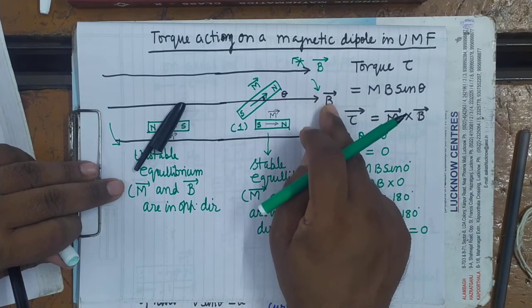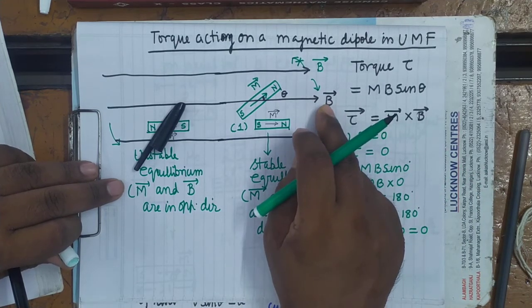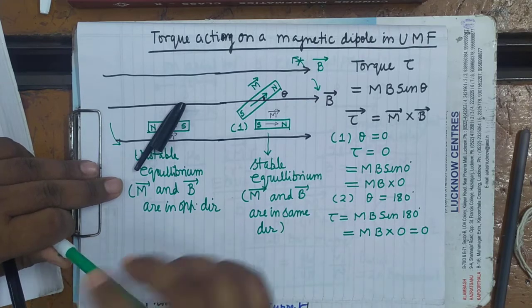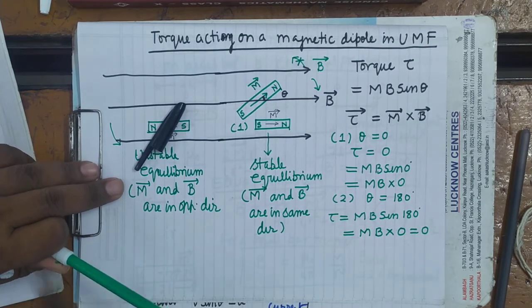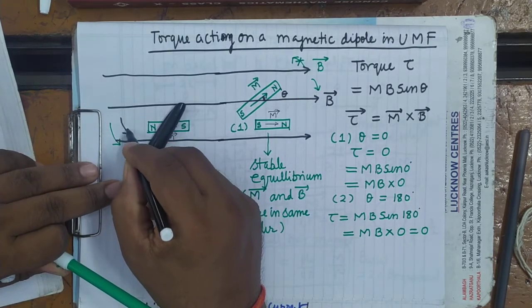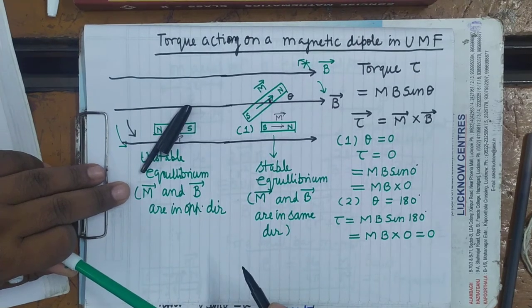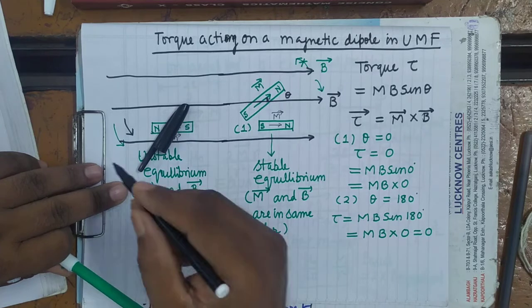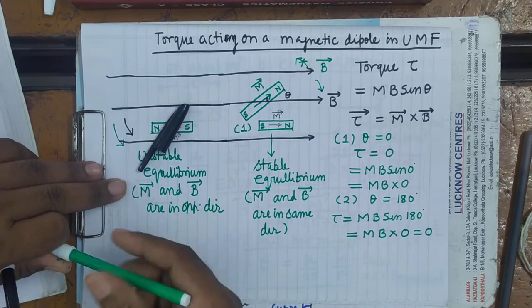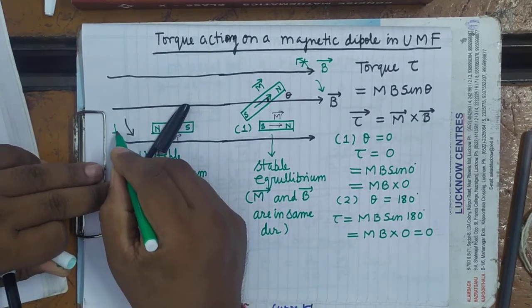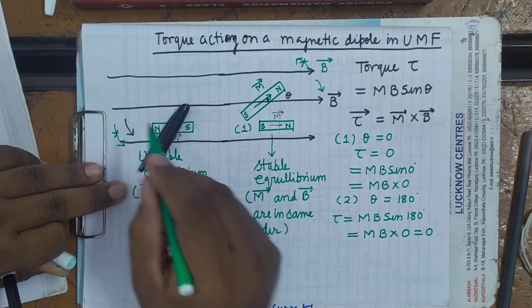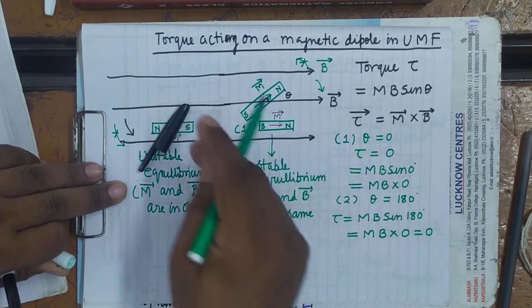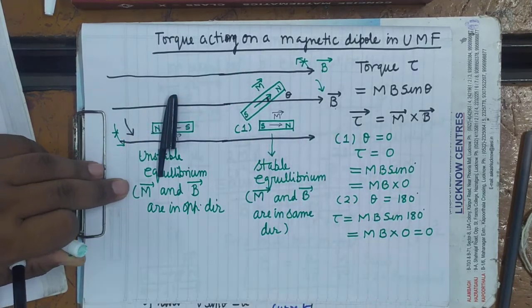A torque will set up because of the magnetic field that also acts in the same direction as the direction of deflecting torque. So even if you remove the deflecting torque, because of this torque which has been set up due to magnetic field, it will come to the new position.